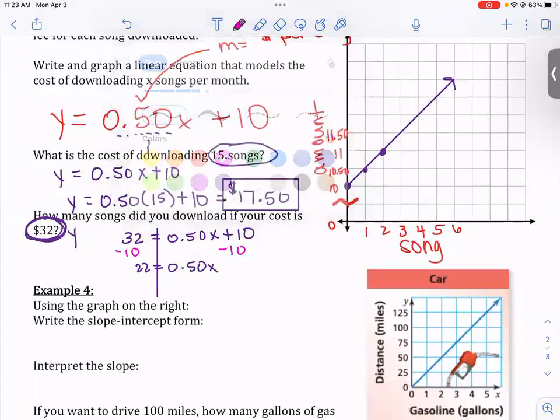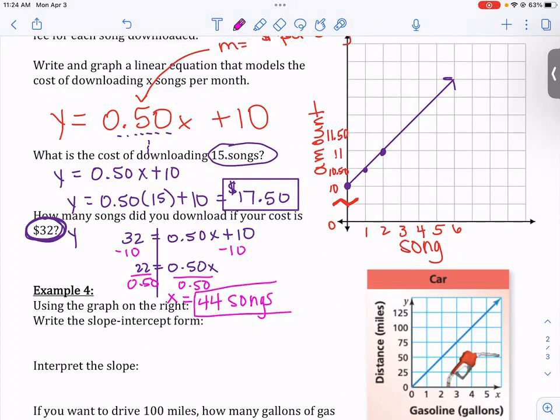And then since 0.5 is being multiplied to X, we are going to have to divide by 0.5. So 22 divided by 0.5. So we downloaded 44 songs.